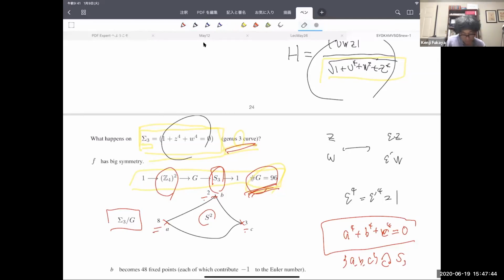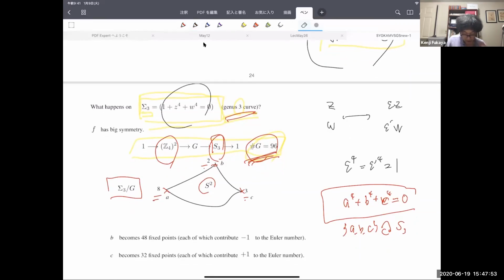So what happens? If you look at this symmetry, and all this symplectic diffeomorphism is invariant under this symmetry, it implies that all these points will actually be fixed points. So you take this B, then you know the isotropy group of B is 2. So this becomes 48, because this group gives 48 points on this genus 3 curve.